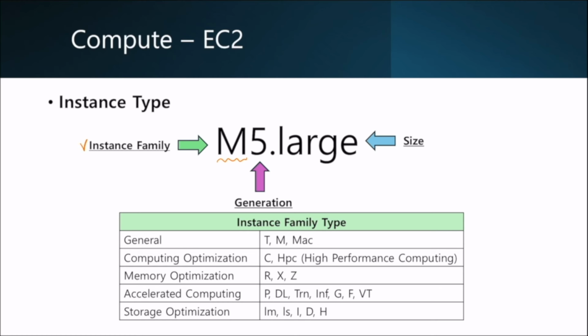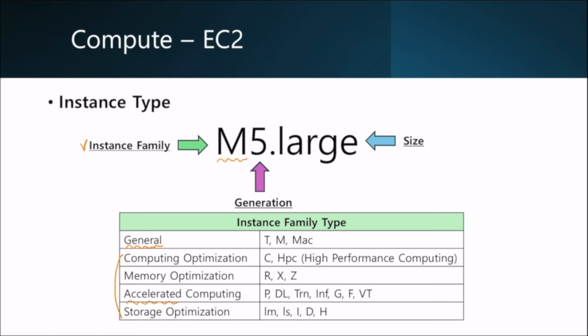It can vary depending on whether to optimize computing, optimize for memory, accelerate computing a little more, or optimize for storage. You can figure out which instance this is by looking at the alphabet string in front of it. Secondly is the generation. You can see which generation it is by looking at the value behind the period.